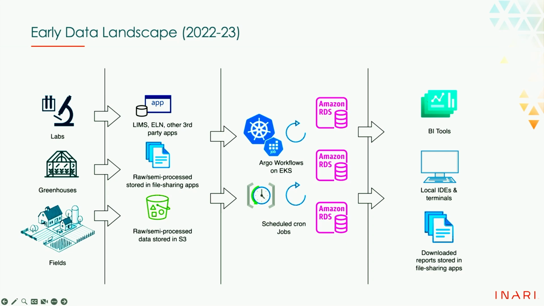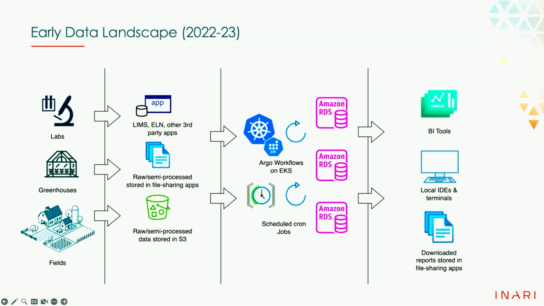Before we get into the problem, this is how the data landscape at Inari looked before we were there. From left to right, we have data coming in from our labs. We have greenhouses and farms in West Lafayette, Indiana.